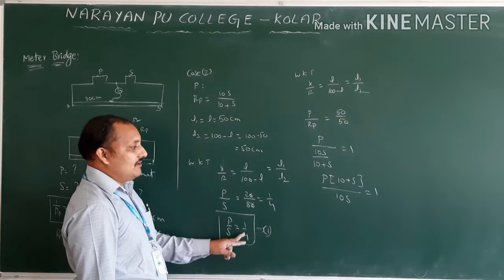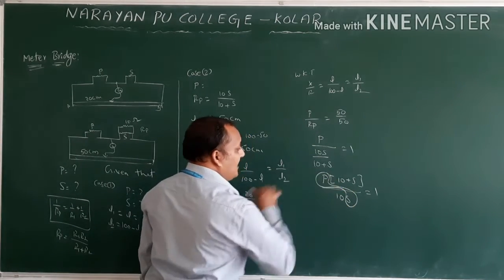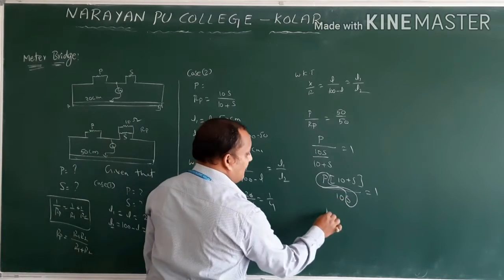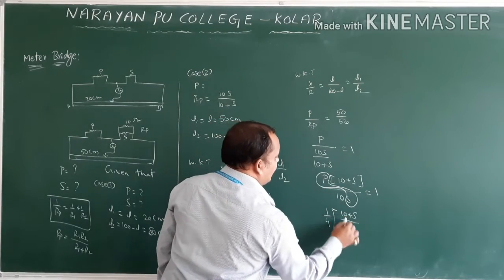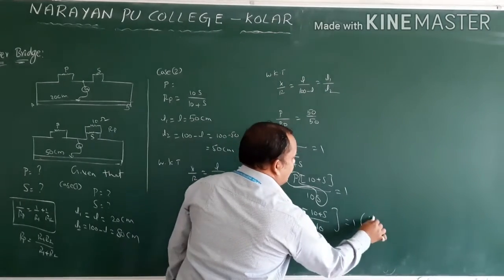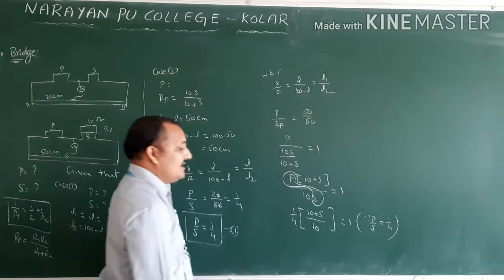P by S is equal to 1 by 4. So in place of this P by S, we can write 1 by 4. If we take P by S as 1 by 4, what remains is 10 plus S by 10 is equal to 1, since P by S is equal to 1 by 4 from equation number 1.